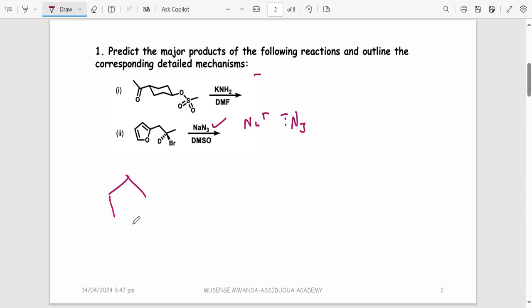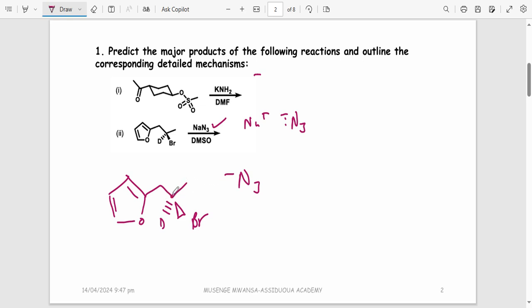So also here in the compound, you need to identify which one is the leaving group. Otherwise, if you don't identify the leaving group, you'll not be able to answer. So which one do you think is going to be the leaving group here? Halogens are the leaving groups. So for this reaction also, this guy is going to go and attack.